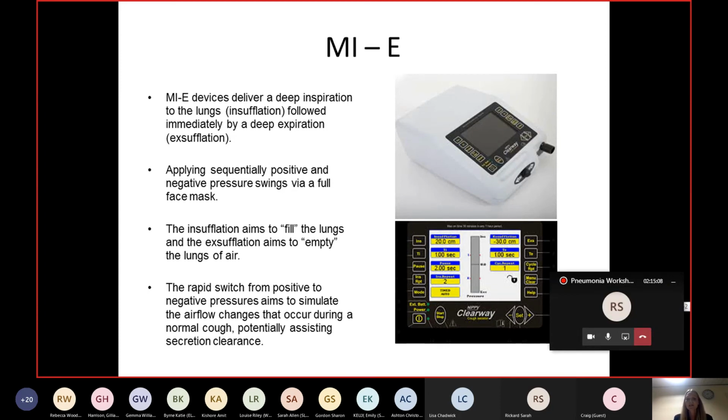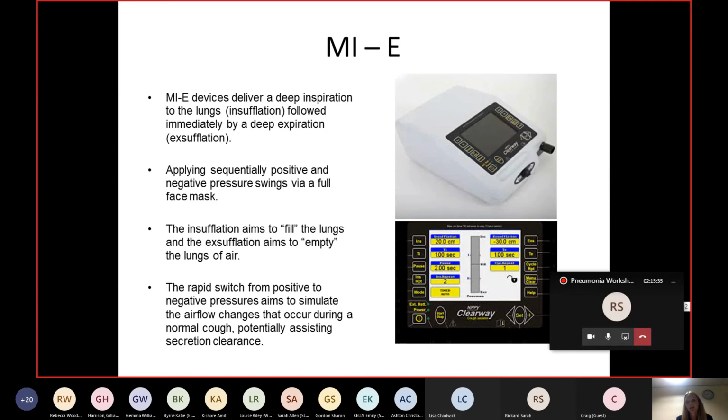This is the cough assist. This is known as MIE, so mechanical insufflation exsufflation. This is one of the devices we use here at Salford. The aim of MIE is to deliver a deep inspiration to the lungs, followed by an immediate deep expiration, applying sequentially positive and negative pressure swings via the full face mask.